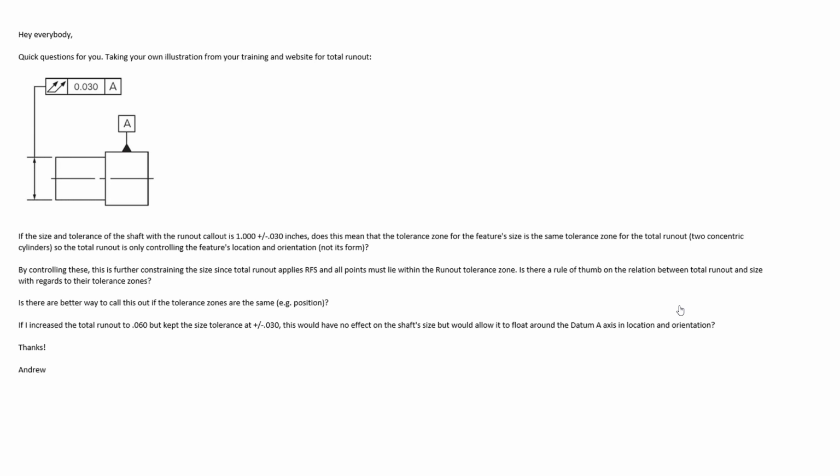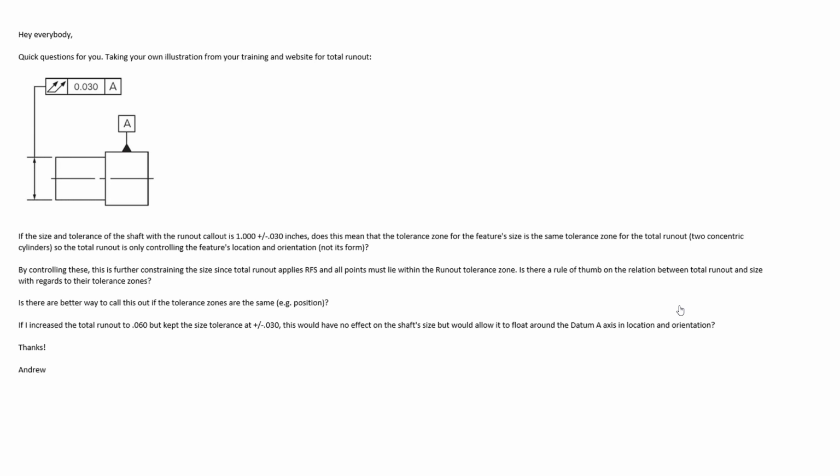Andrew is asking, based on the illustration on our GD&T wall chart, if the size and the tolerance of the shaft with runout is 1 inch plus or minus 0.03 inches, does that mean the tolerance zone for the feature size is the same tolerance zone for the total runout, 2 concentric cylinders? Really, what this is asking is, does rule number 1 take over here if we had a size tolerance tighter than the total runout?